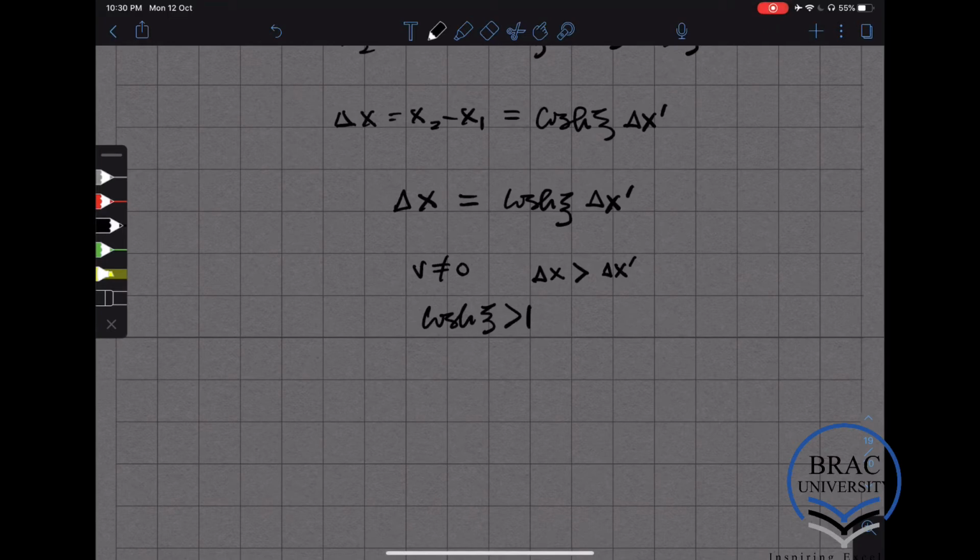So we see that the length of the rod is the longest in the frame in which it is at rest. And if we boost to a frame where the rod is moving, then we see that its length gets contracted. So this is called the Lorentz contraction or length contraction.